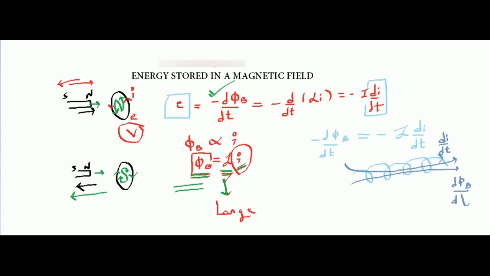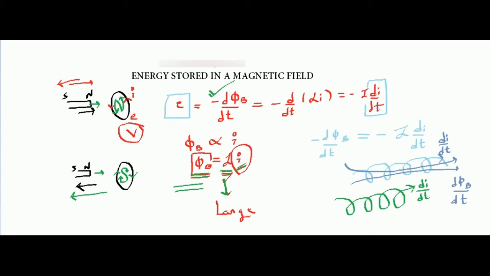So an interesting thing happens when you pass a changing current through a wire: a changing flux is generated. So consider you have a wire, and through this wire you pass a changing current. Either the current is increasing or decreasing with time.